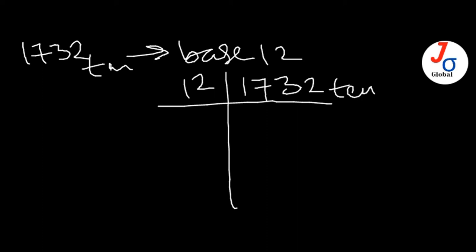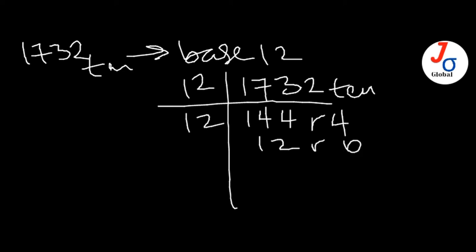1732 divided by 12, I have 144, remainder 4. So 144 divided by 12, I have 12, remainder 0. And 12 divided by 12, I have 1, remainder 0.